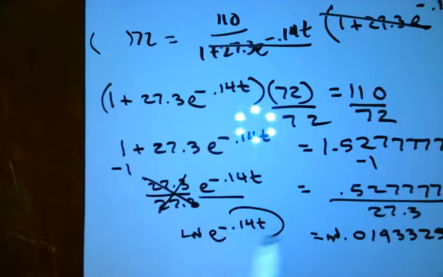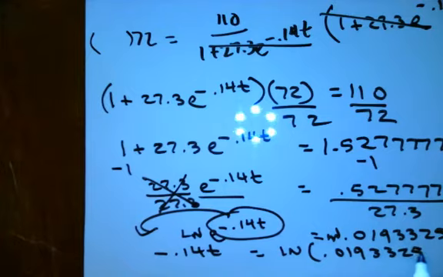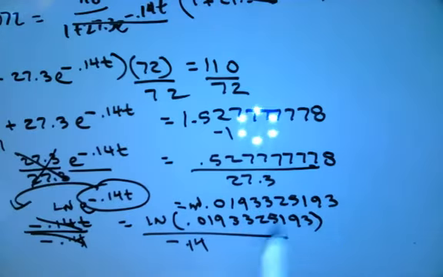And that gives me e to the negative 0.14t equals 0.0193325193. If I then take the ln of both sides, I can bring this down in front and have negative 0.14t equals ln 0.0193325193.